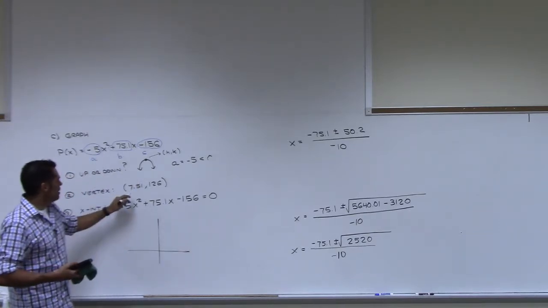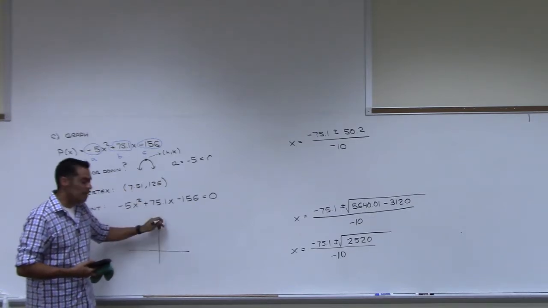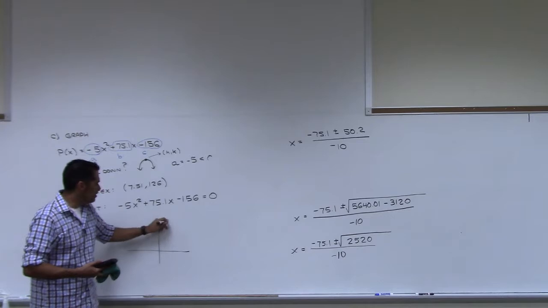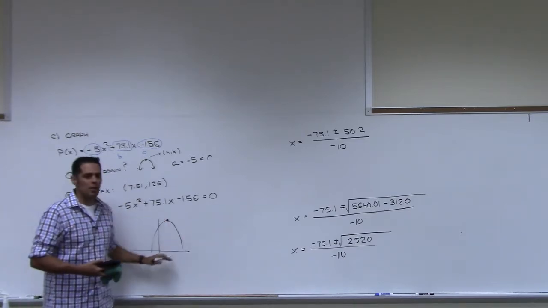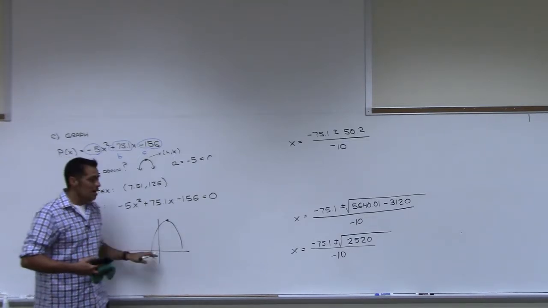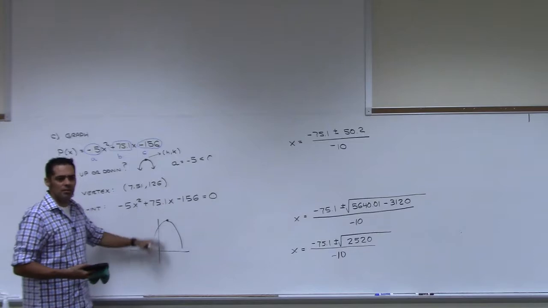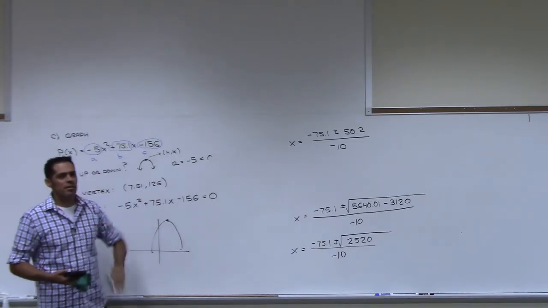Like, where's our vertex? 7.5 and 126. Doesn't that mean to the right and up? So like I have a vertex up here, right? And it opens which way? Down. And from that quick picture, I know I have two x-intercepts. In a normal college algebra class, I would do that. Here, I'm not asking you to do a quick sketch. All right? We're just going to go after the x-intercepts.